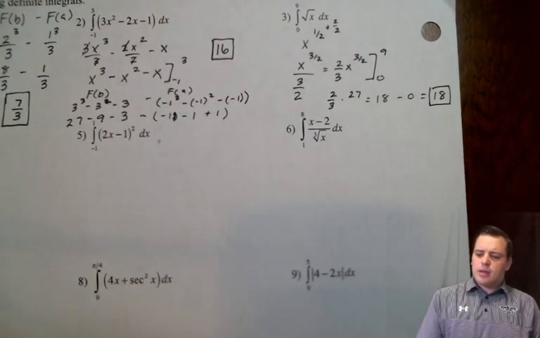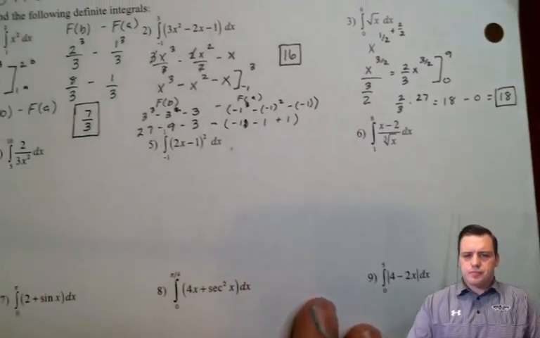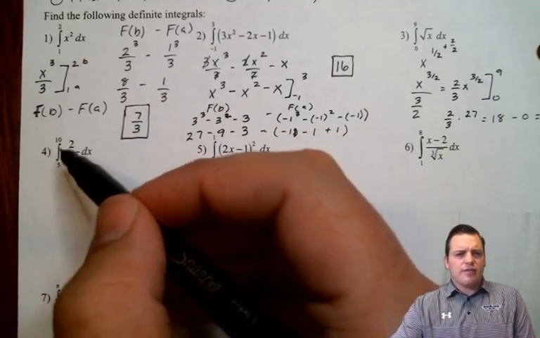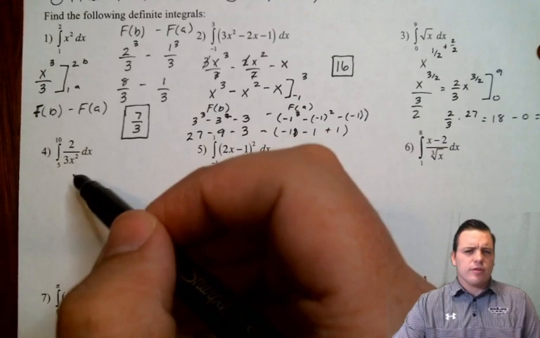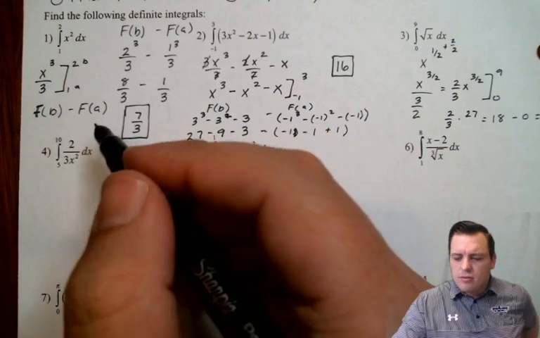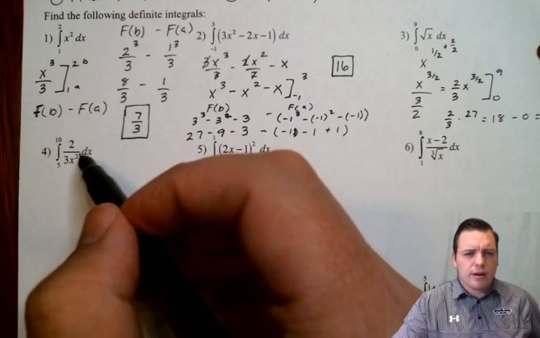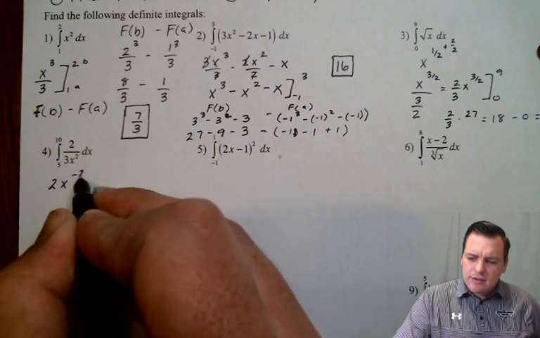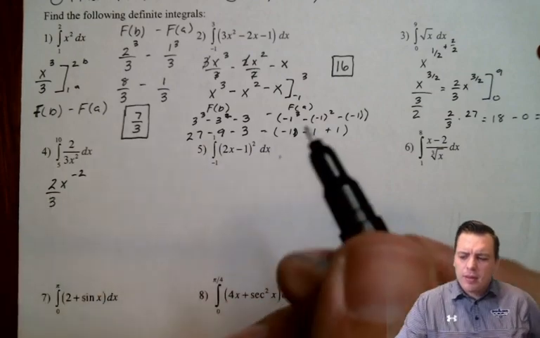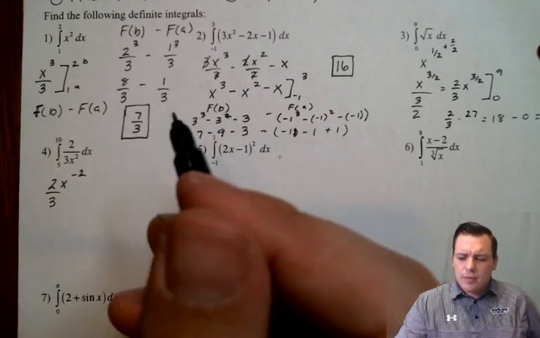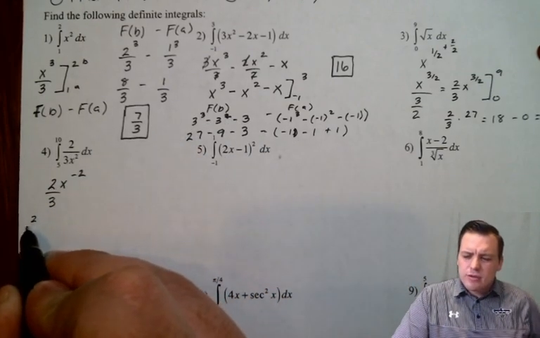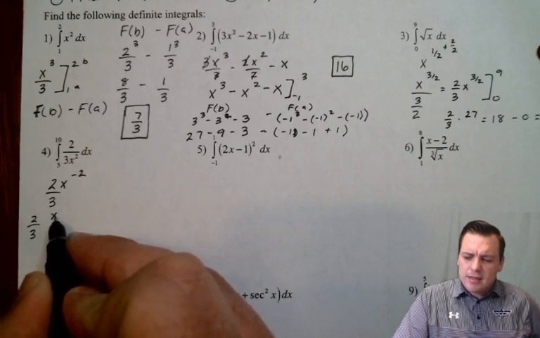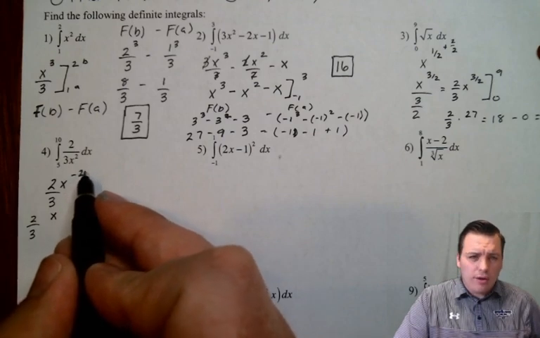All right. So number 4. The definite integral from 5 to 10 of 2 over 3x squared dx. What we need to do here is just push that x squared up to the top. So it would look like this, 2 over 3 times x to the negative 2. Then think about it like this: 2/3 to the side, and then we're going to say x to the negative 1, right?